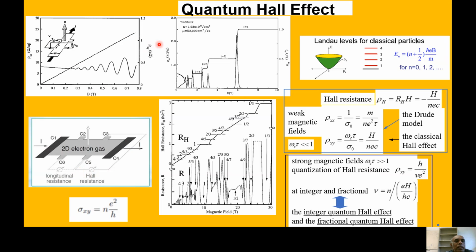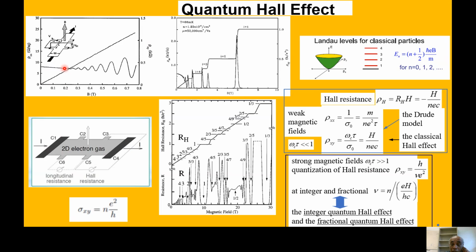We know rho xy, if you measure with magnetic field, classically shows this linear relationship, right? But for rho xx, what we expect is this sigma 0, called the Drude conductivity. You see this linear relationship, then you see this constant sigma 0.